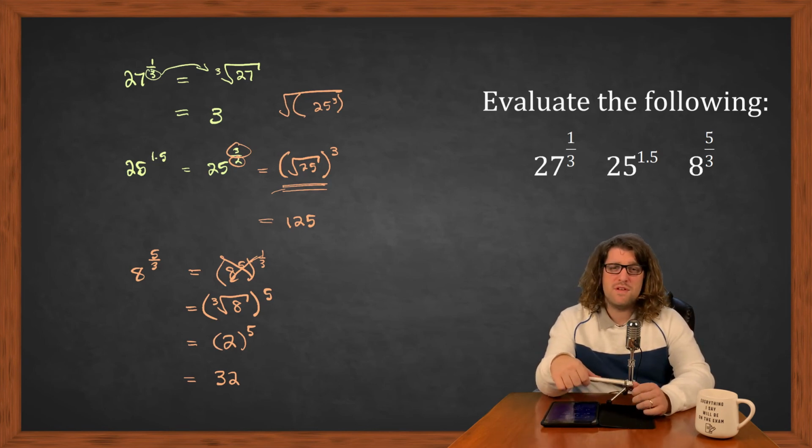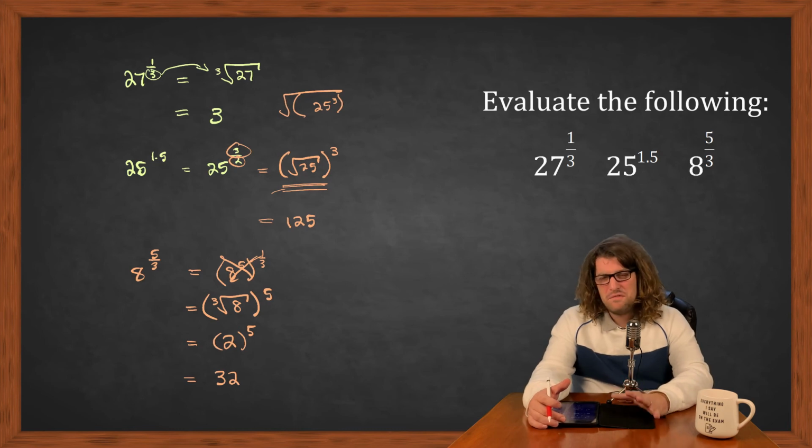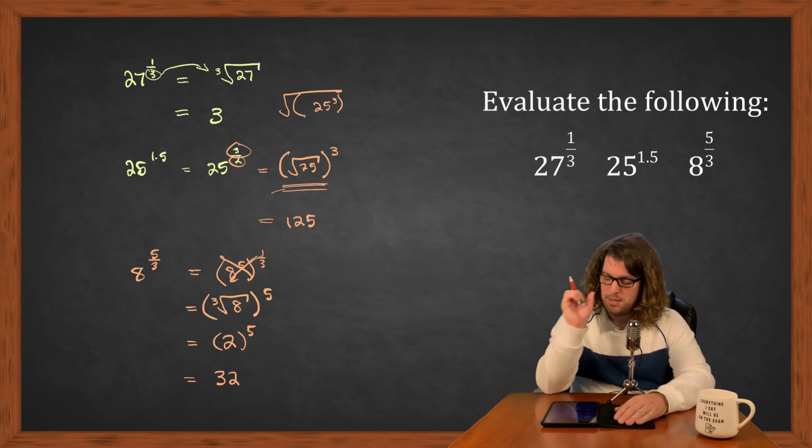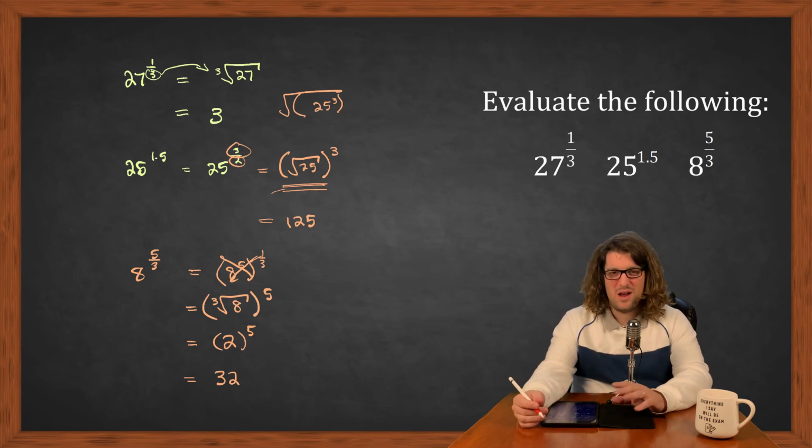What we're using is rational exponents. We can use the idea of repeated multiplication for the numerator and some sort of index on a root for the denominator.